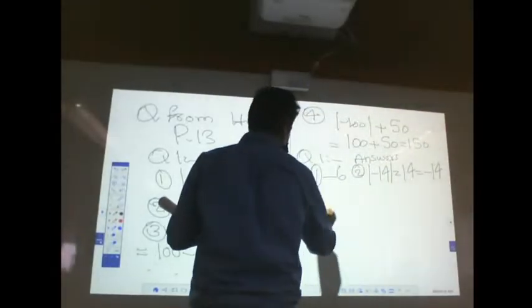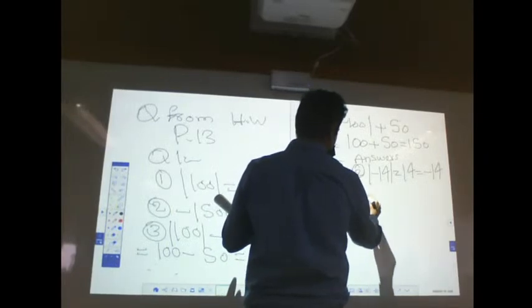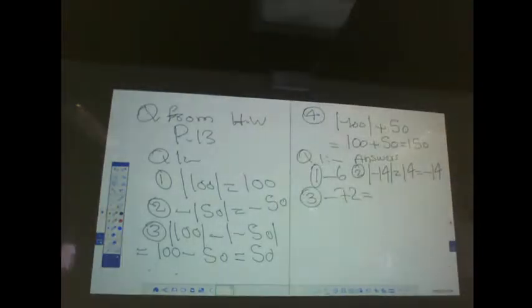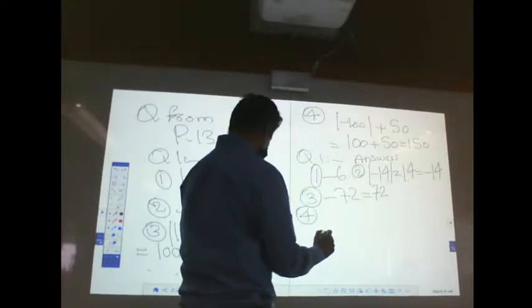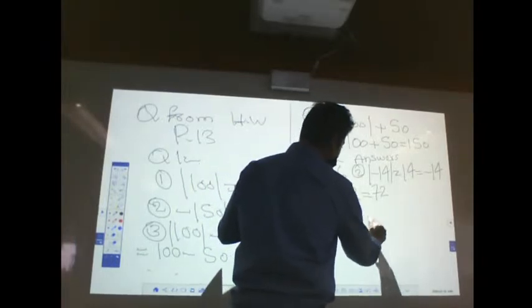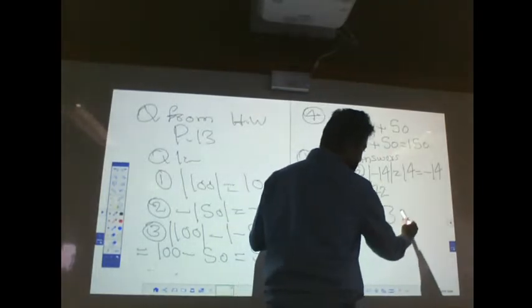Number 3. Minus 72. Now what is the opposite of minus 72? 72, correct. Okay, question number 4. Minus 36, right? Now in this question, the minus is outside, 36 is here.